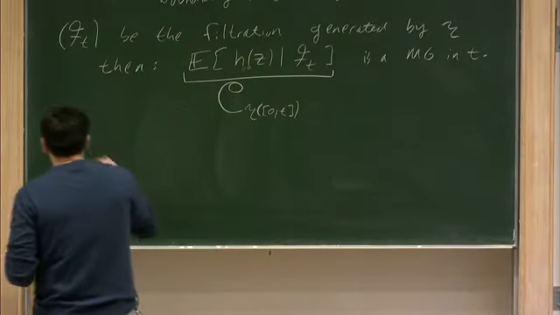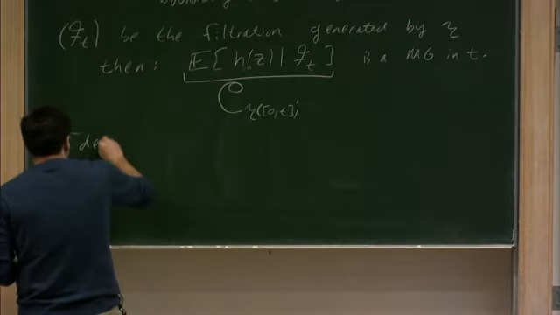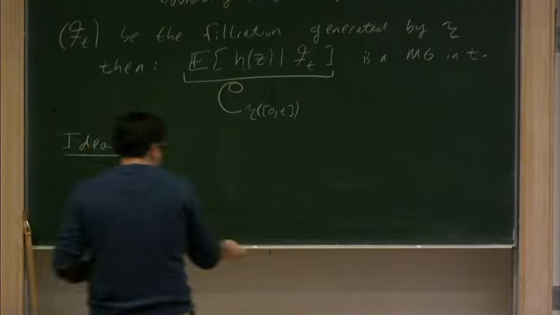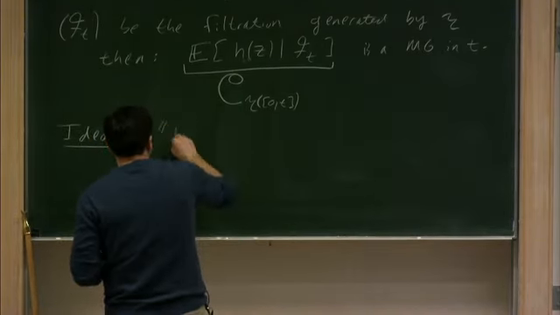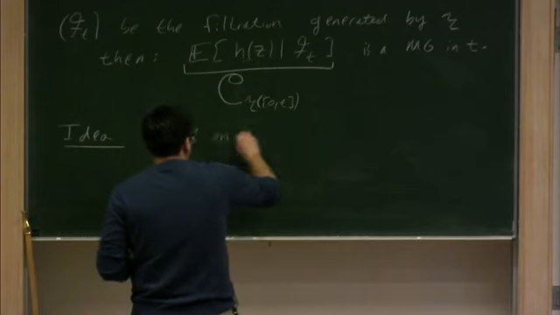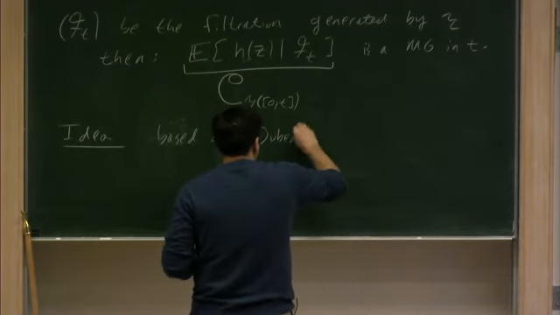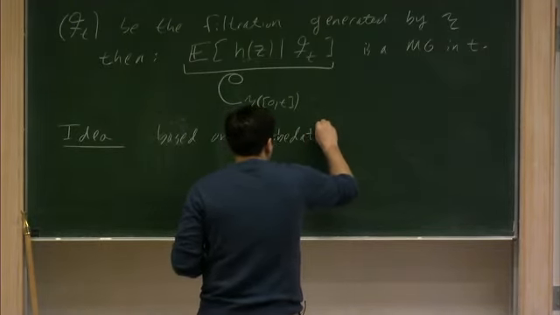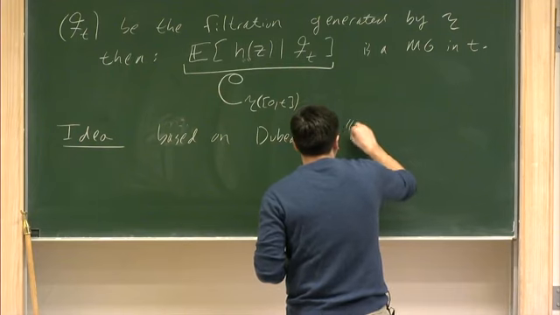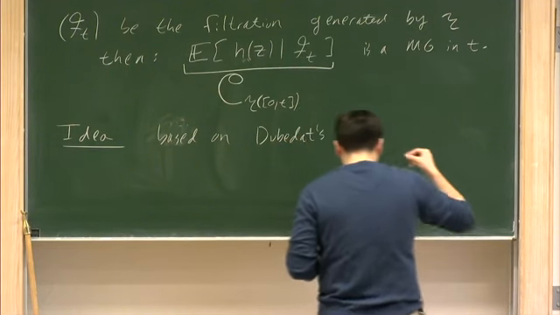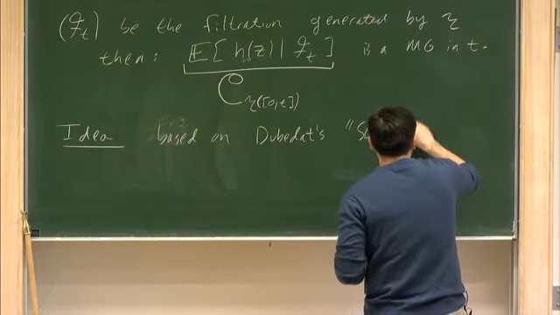And the idea to prove this is taken from a work of Julien Dubédat. So this is based on the presentation in Julien Dubédat's article, SLE and the free field.